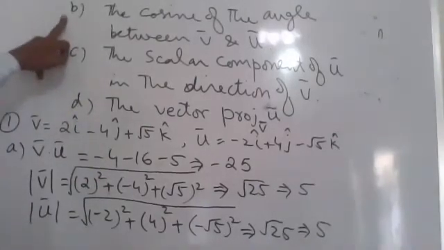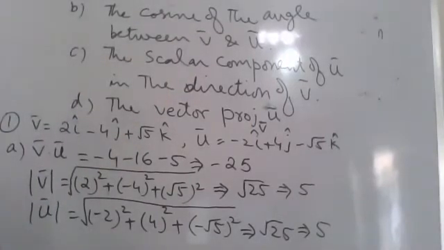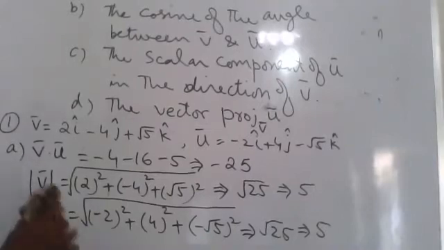Okay, now we will find the cosine of the angle between v and u. So we will use the first formula of the dot product.